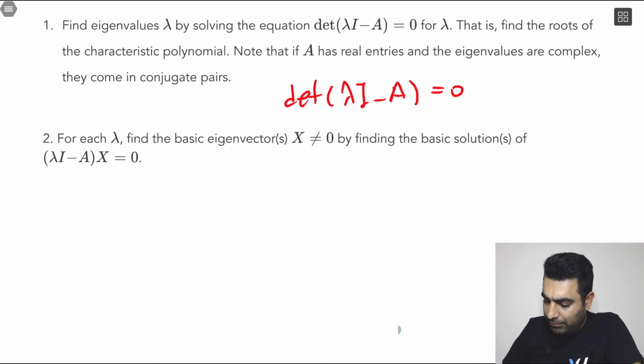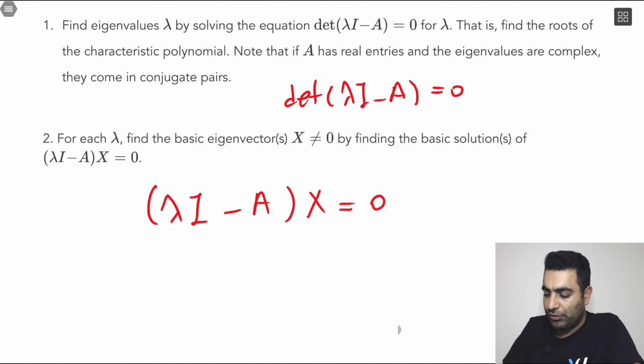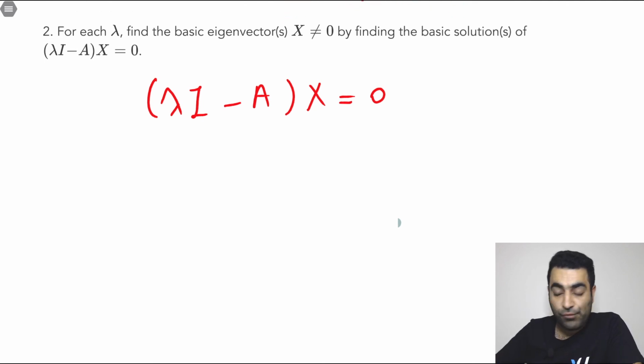Then we insert lambdas one by one in the equation lambda I minus A multiplied by x equal to 0, and solve for the basic solution of such a homogeneous equation for the given lambda. That basic solution would be the eigenvector corresponding to that lambda. Notice that sometimes we have more than one basic solution for a given lambda. That happens when lambda has algebraic multiplicity more than 1. So that's totally fine if we have more than one basic solution associated with a lambda given to us.